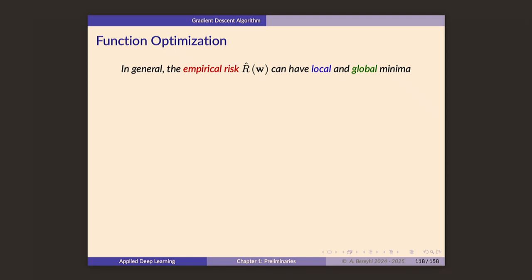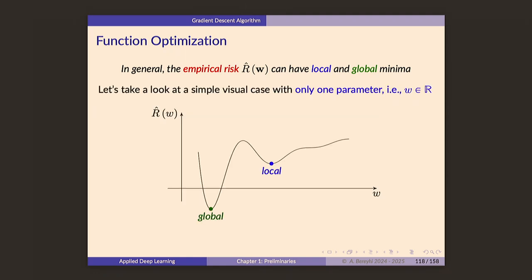So if you think of W to be just one single parameter, then this function R hat is going to change. The risk that you get is going to change when you change the value of the weight inside your neural network, right? And this could be very deep at some points. It could be high at some other points.